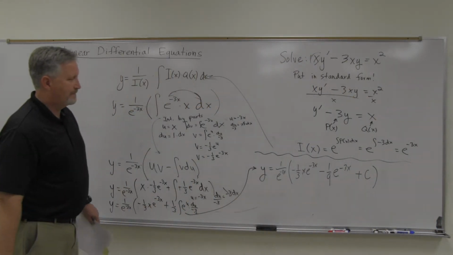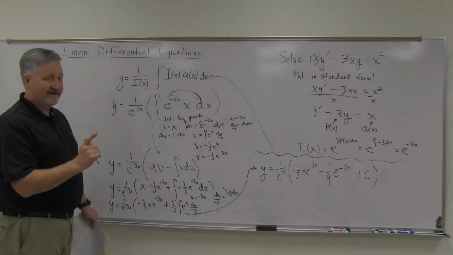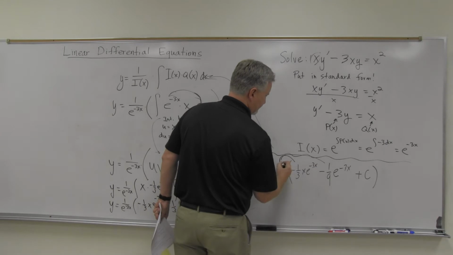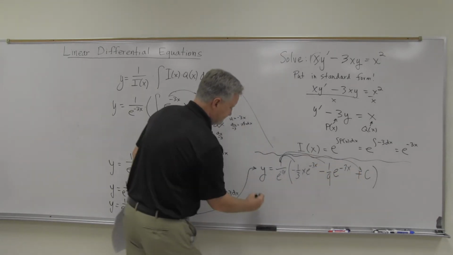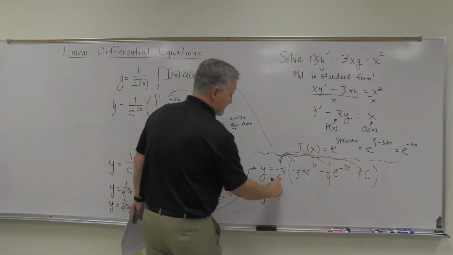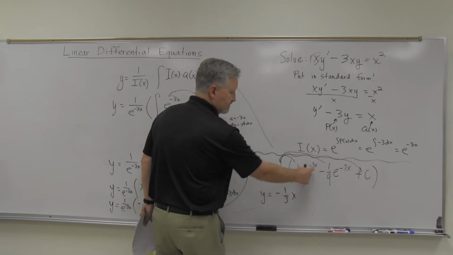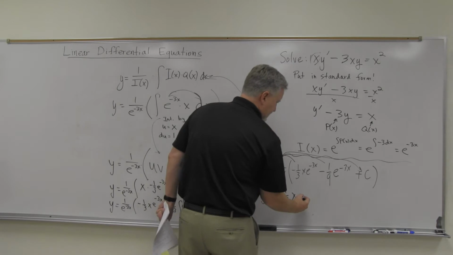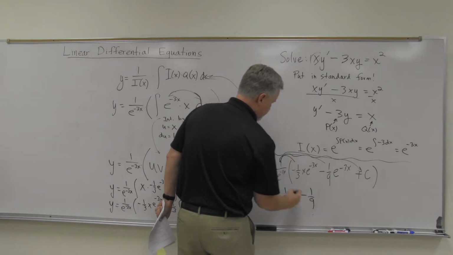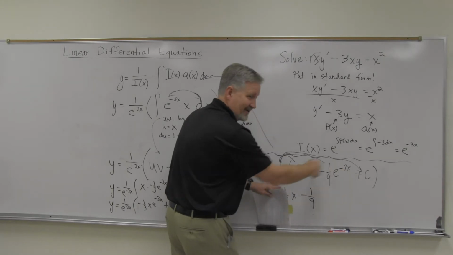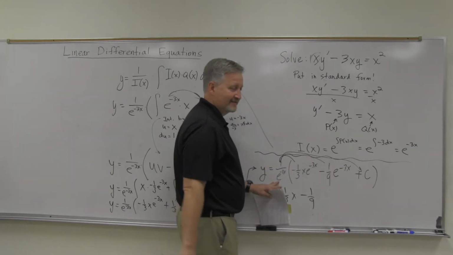That's a pretty good answer, but as you can see here, if I distribute this, nice things are going to happen, because if I multiply by that, that's just going to give you a negative 1/3 x, because the e to the minus 3x is canceled, minus a 1/9, and again, this times this, e to the minus 3x is canceled, so it's just minus 1/9, isn't it?